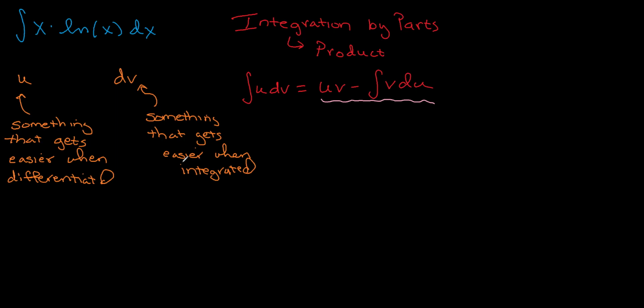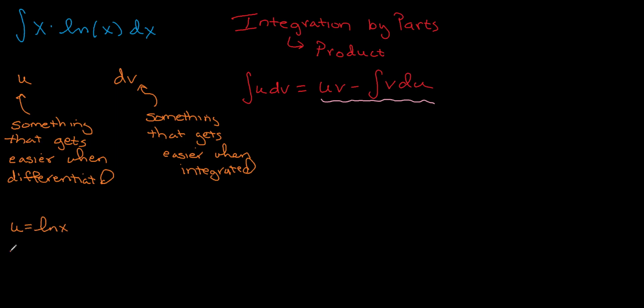So, when I'm looking at this integral x times ln of x, let's see, if I tried to integrate ln of x, that's not quite clear. If I try to integrate just the x, that's not bad at all. That's pretty doable. So I'm thinking, let's choose u to be ln of x.